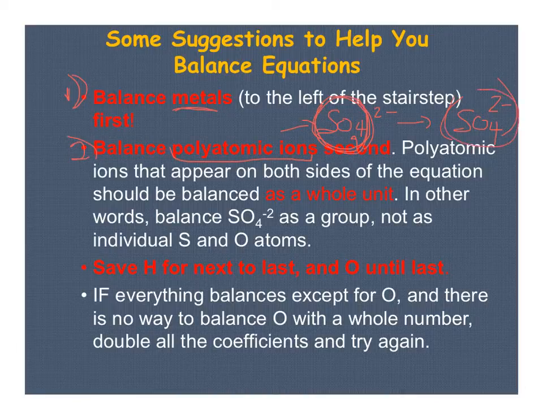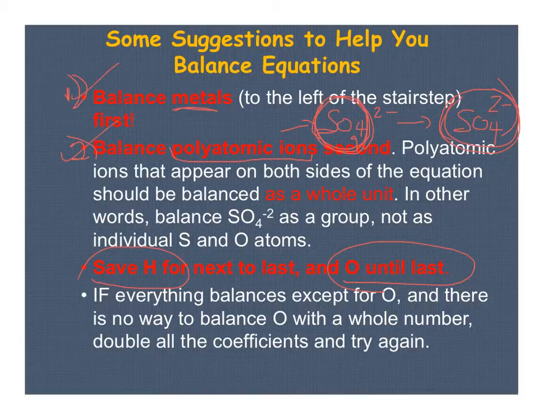Make sure there are the same number of SO4 groups on the product side. Really makes things easier. And finally, save oxygen to balance until very last. It's a bear. And save hydrogen to balance until next to last. So the bottom line is you're going to do metals, then polyatomics, then all elements other than oxygen and hydrogen.